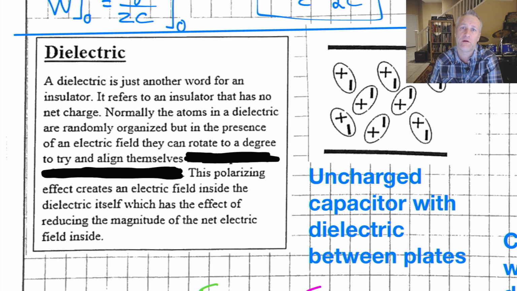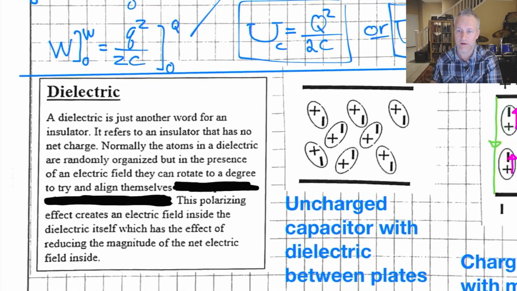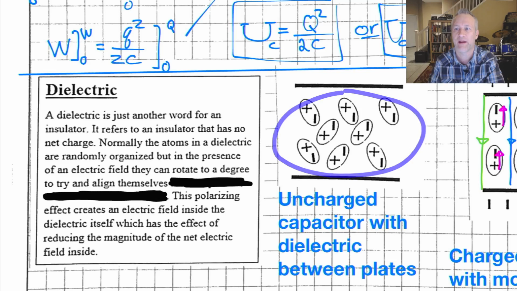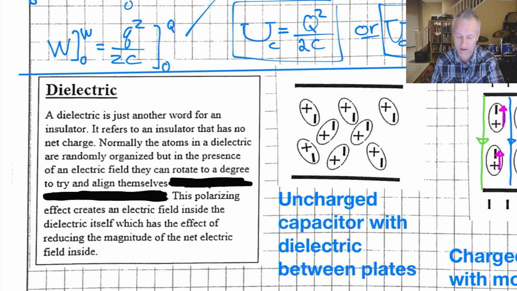And normally the atoms in a dielectric are kind of randomly arranged. You can see an example of that right here. It's an uncharged capacitor with a dielectric between the plates, and the molecules here are all randomly arranged. They do have little tiny electric fields, right?